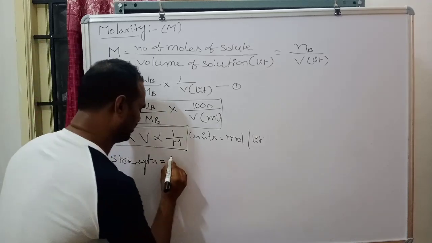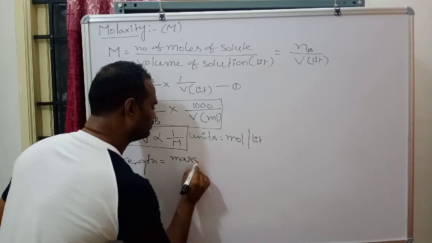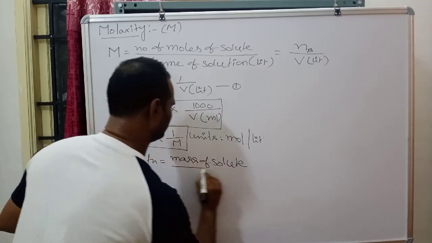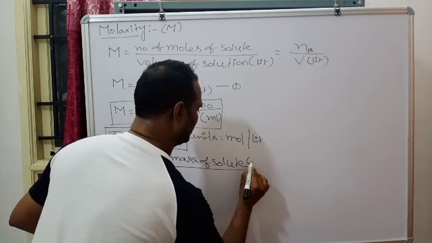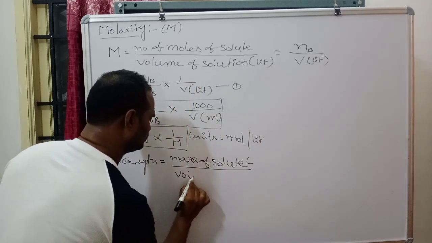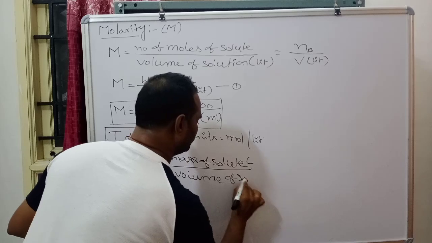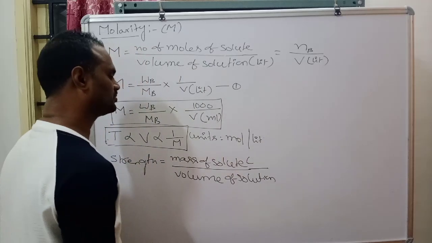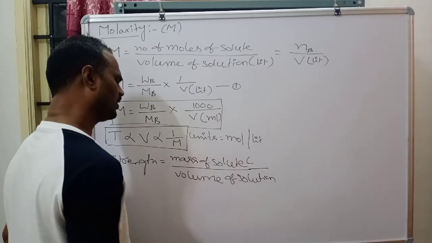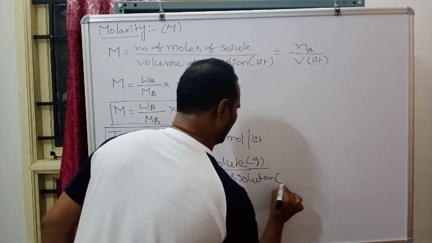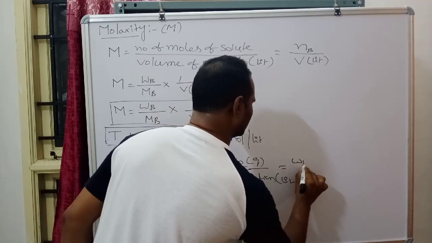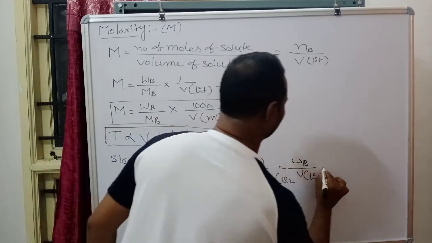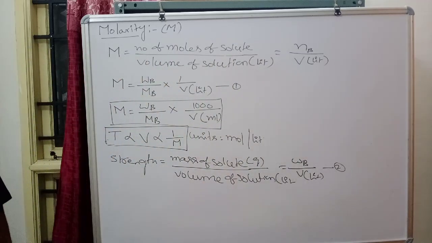Strength of solution is the mass of solute by volume of solution, with the mass of solute in grams and volume of solution in liters. This is WB by volume of solution in liters. This is considered as equation 2.